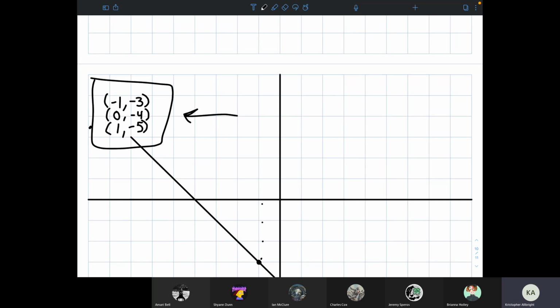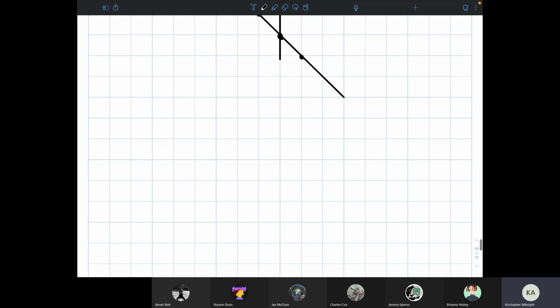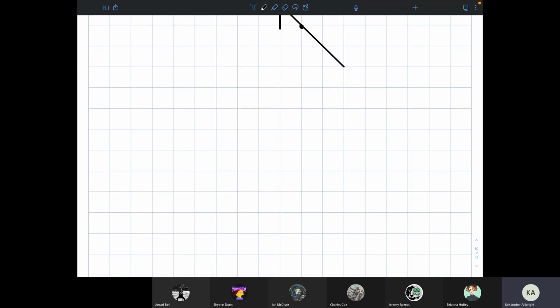So we have absolute value functions as well. An absolute value, I don't remember if we've gone over this or not. It just makes whatever's inside it positive. So number 2 on 3.04 is going to be this problem.